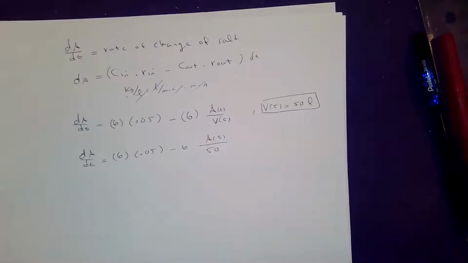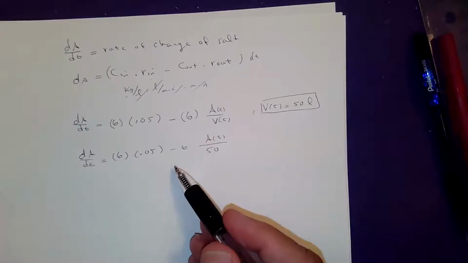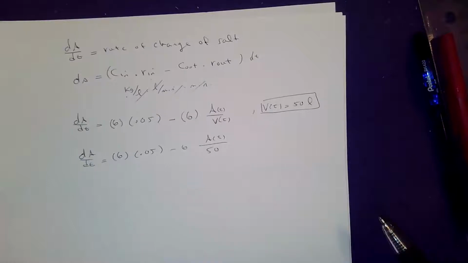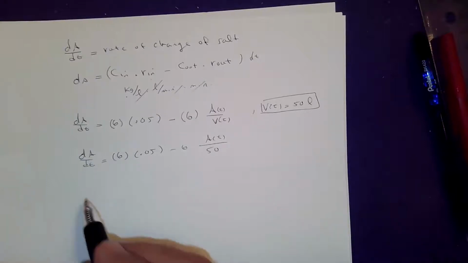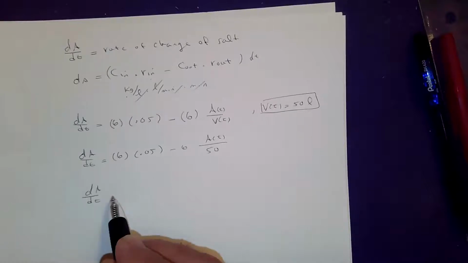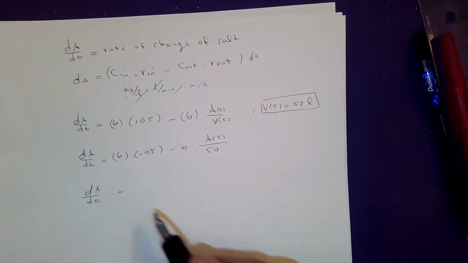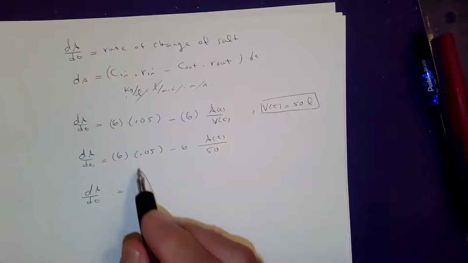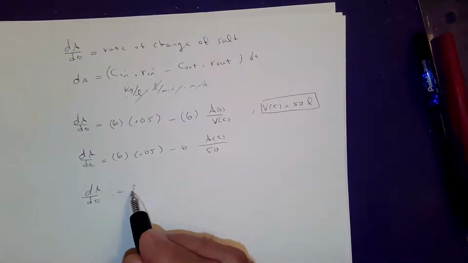Ladies and gentlemen, we have a first order linear differential equation. In other words, I can rewrite this as dA/dt plus, let's see, what is this? Is it 0.3? Do I have that correctly?